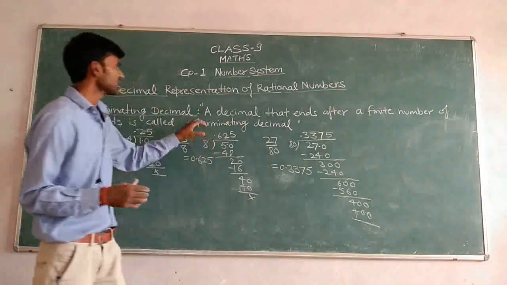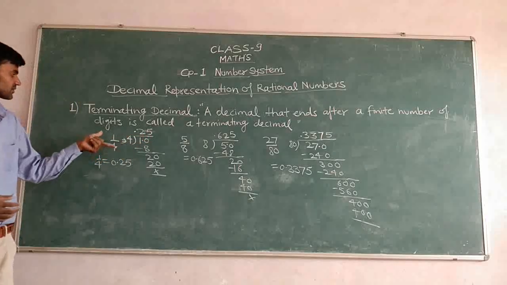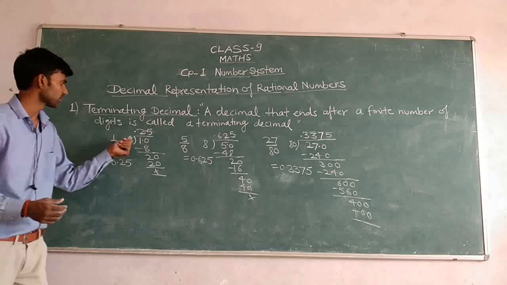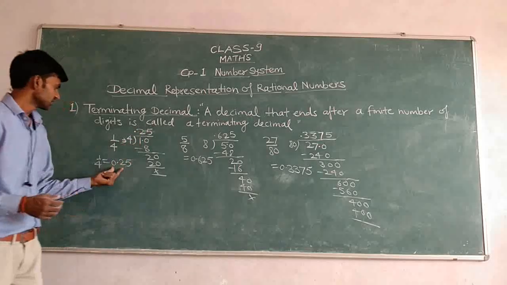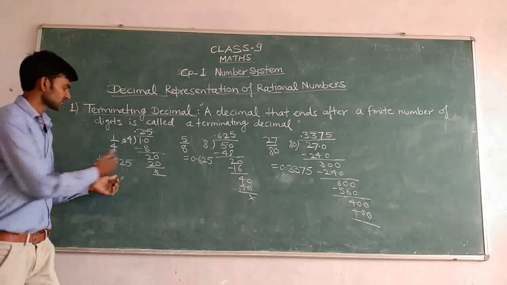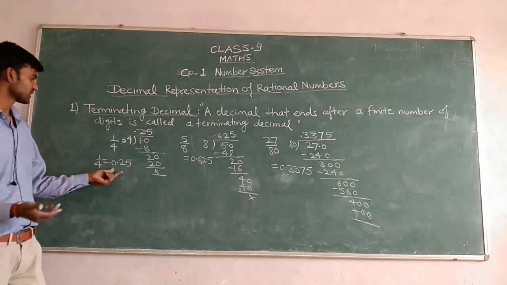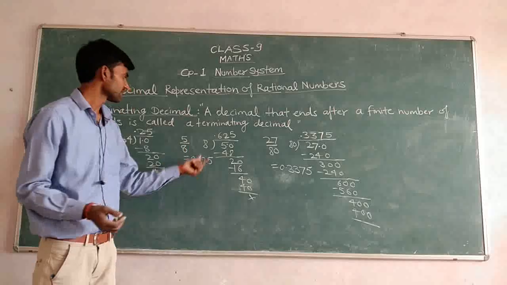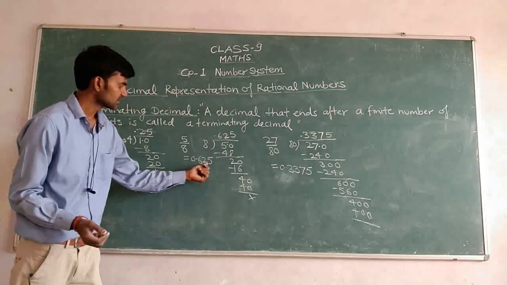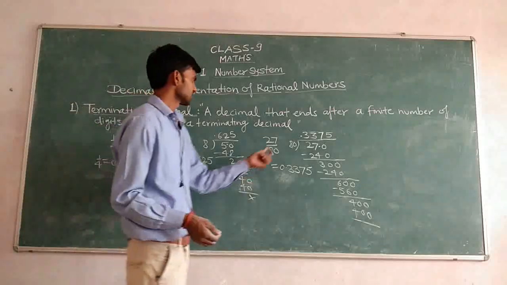When we divide any numbers, for example 1/4, we divide 1 by 4, we get 0.25, which means it terminates after 2 decimal places. Now 5/8, when we divide 5 by 8, it terminates after 3 decimal places.